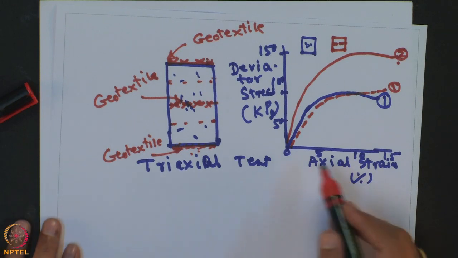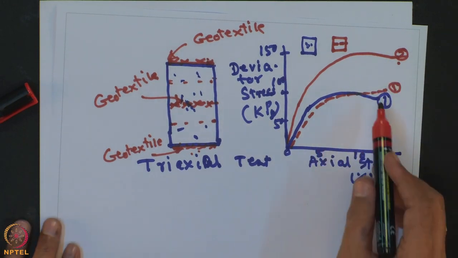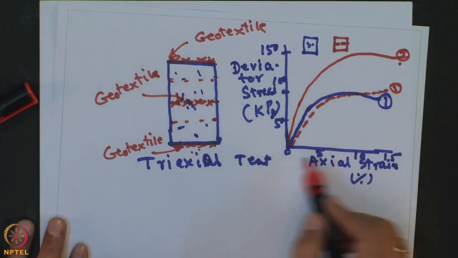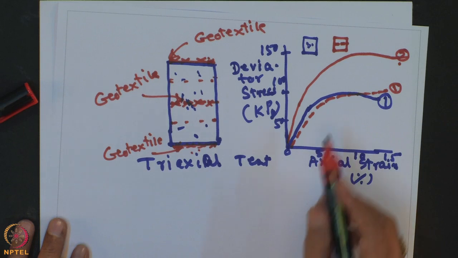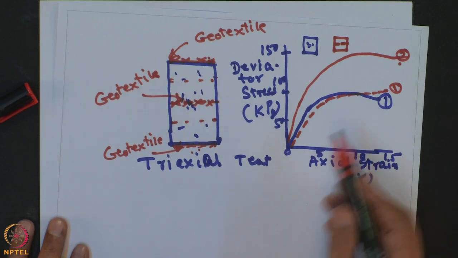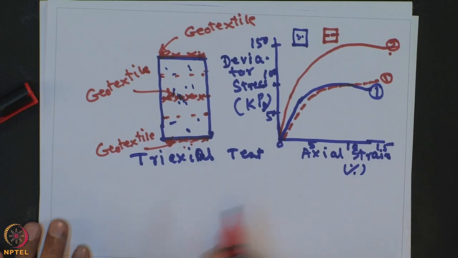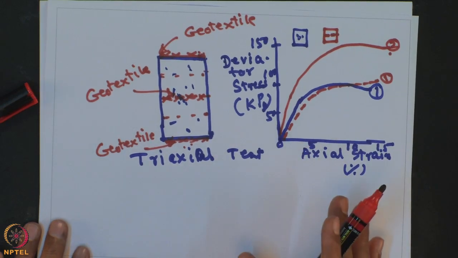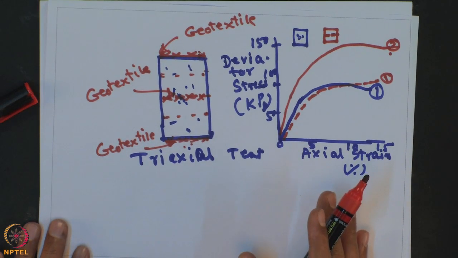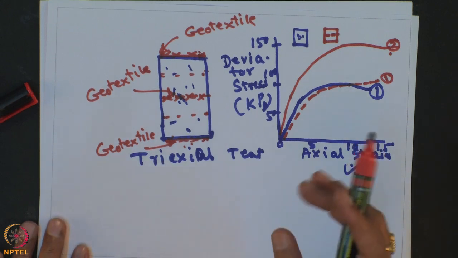So, in general, the function of reinforcement in soil, and this is also particularly applicable in the case of reinforced soil retaining walls and also reinforced soil slopes, is that there will be a good interaction between the soil and the geotextile material.